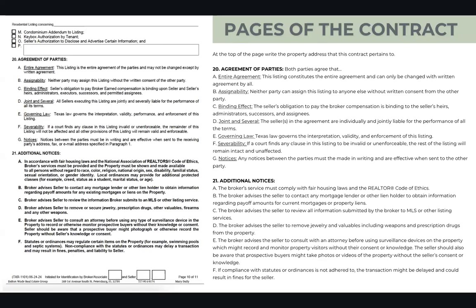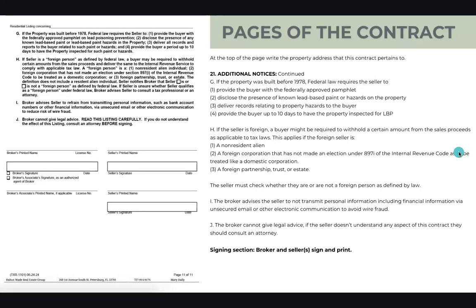The broker advises the seller to review all information submitted by the broker to MLS or other listing services. The broker advises the seller to remove jewelry and valuables, including weapons and prescription drugs, from the property. The broker advises the seller to consult with an attorney before using surveillance devices. And if compliance with statutes or ordinances is not adhered to, the transaction might be delayed and could result in fines for the seller.